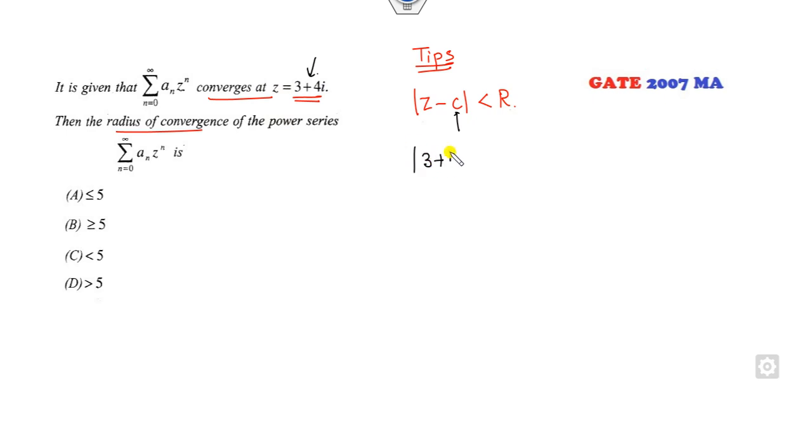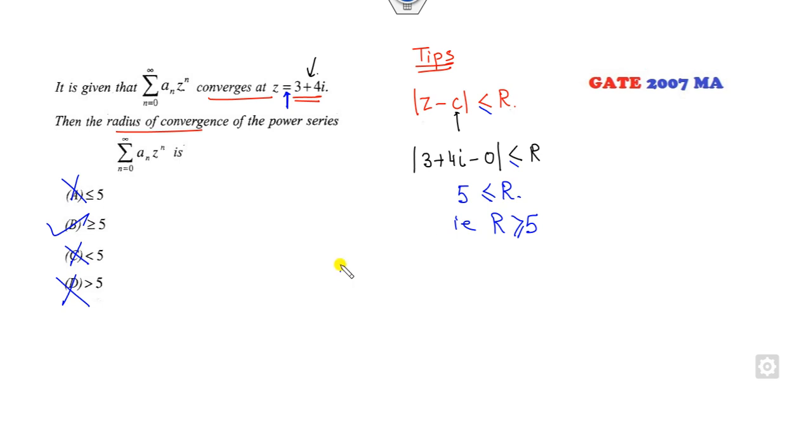I can substitute this value minus center 0, less than r. Then 5 is greater than r. That means r is greater than 5. Now how can you check the equality? Since it exists at the point, that's why you can say this is the equality. So this is the right option. This is wrong because the center is 0.